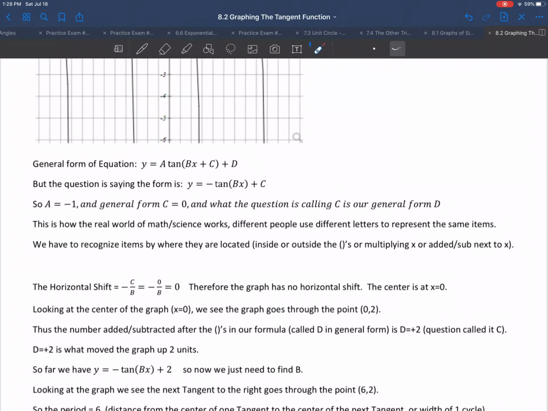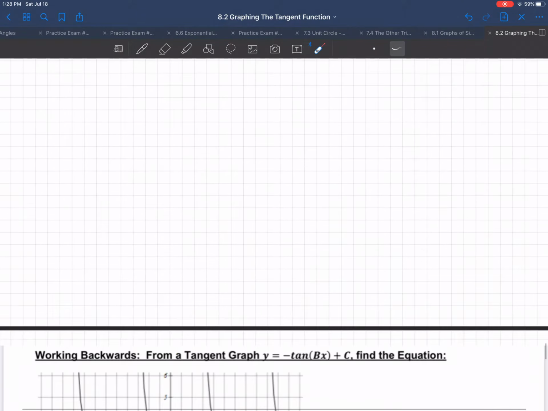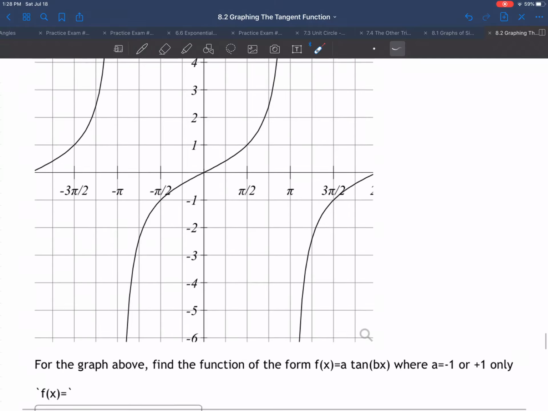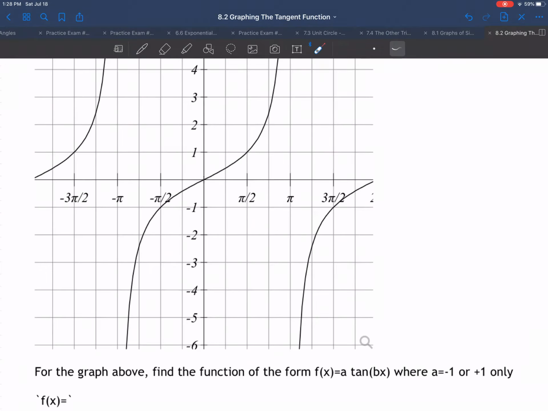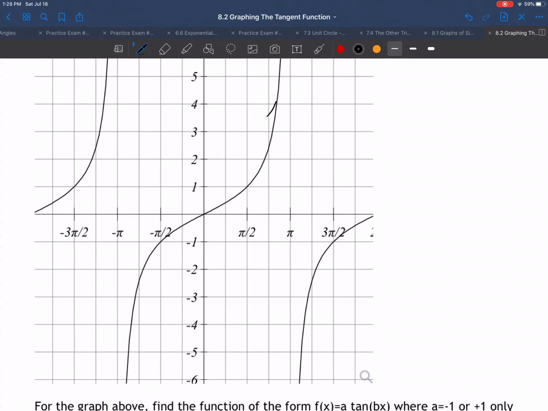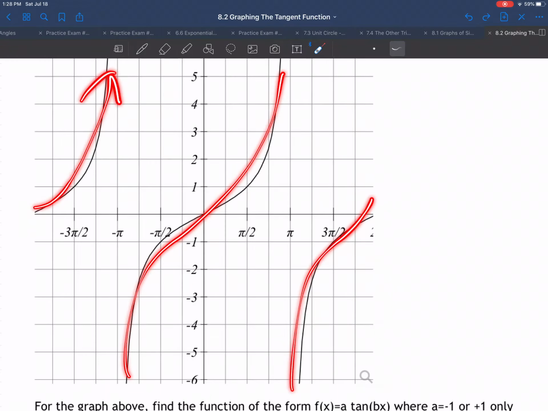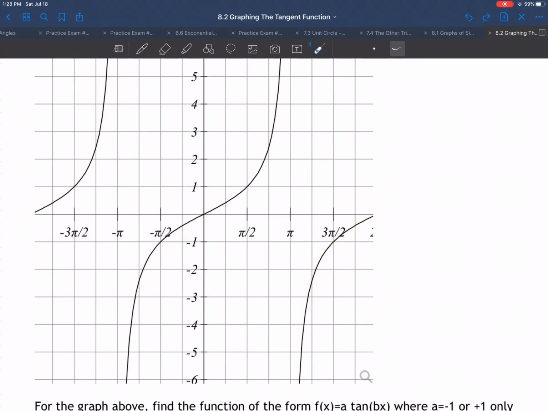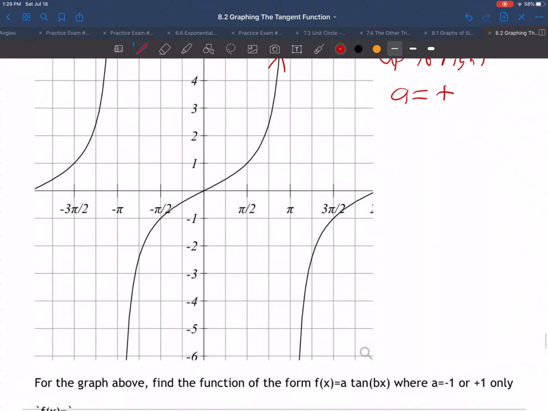The thing in the front is telling us whether the graph goes up or down, doesn't it? The negative in the front. So the fact that this graph is going up to the right, all these are going up to the right, means the a in the front is positive.